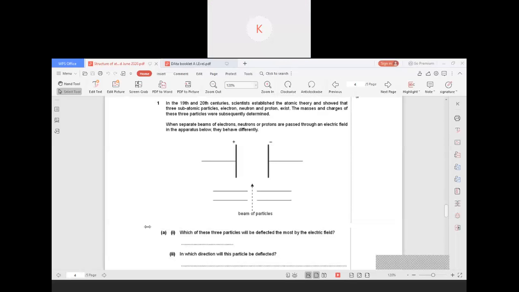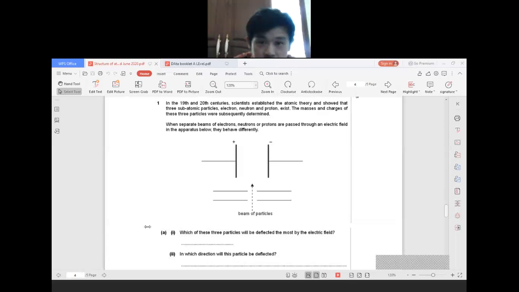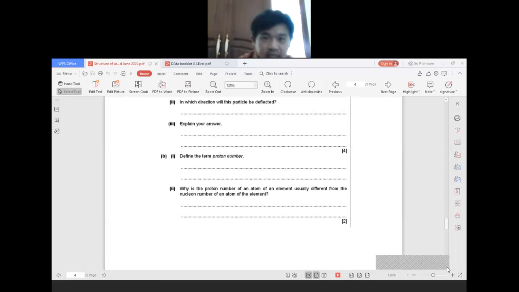Electron. Yes, correct. In which direction will this particle be deflected? The positive side. Yes, correct. Why is it like that?